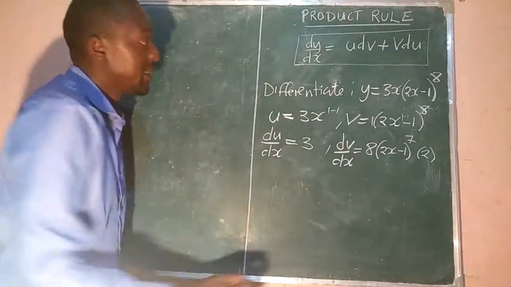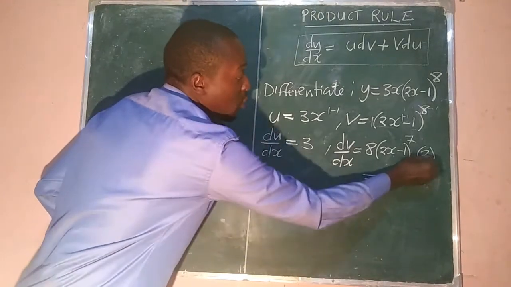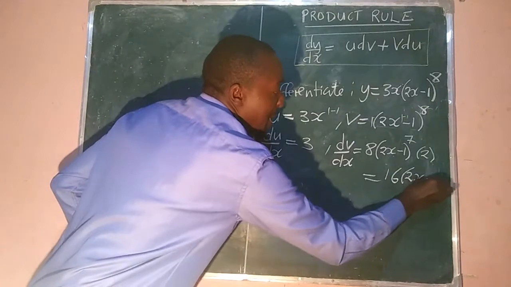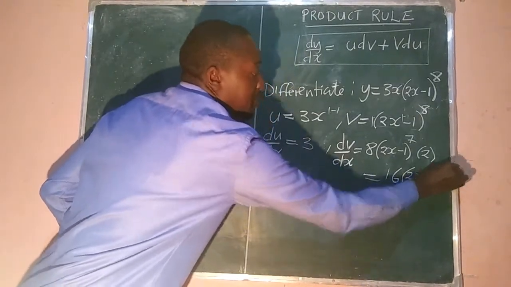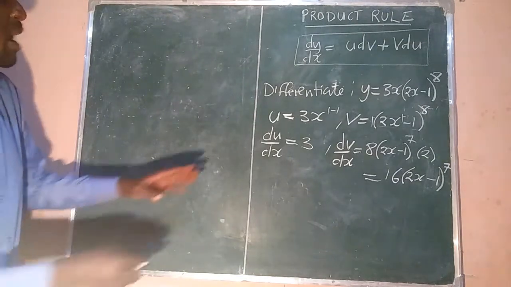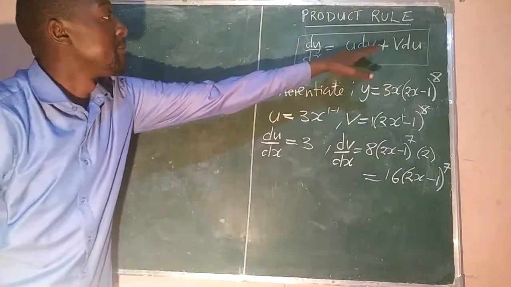Then we can simplify this one. We have 2 times 8, which gives us 16, so dv/dx is 16(2x minus 1) to the power 7. At this stage, according to the formula, we substitute what we have into the formula.